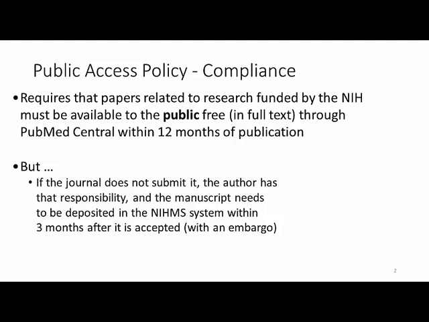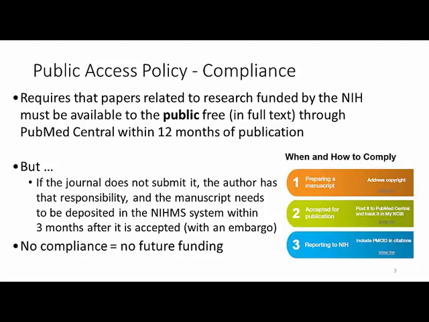You can go in and there's just a quick checkbox for embargo, meaning hide it from public view until the 12 months are up. But 3 months is the timeline you're going to be looking at, because most authors have to submit the manuscript themselves. There's a few where the journal will do it for them, which is great. But by and large, we're talking about this process.